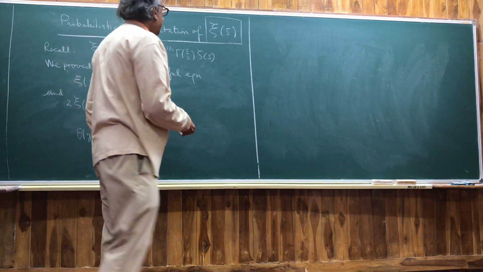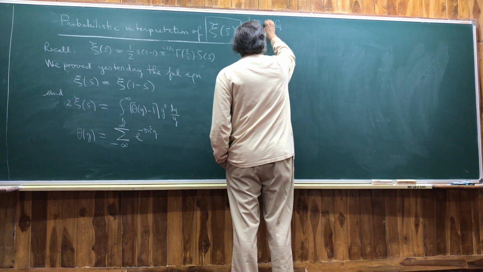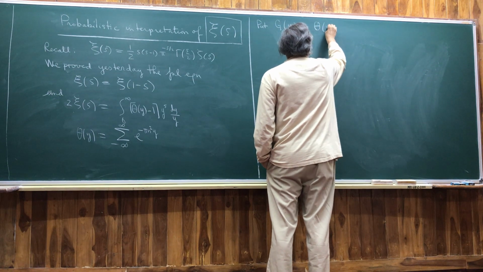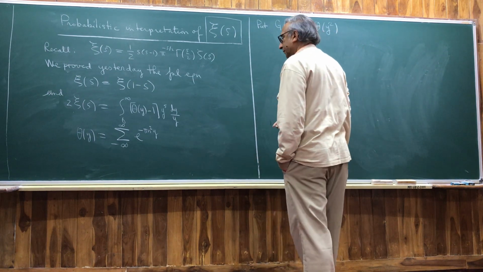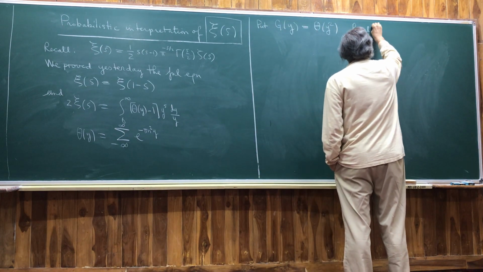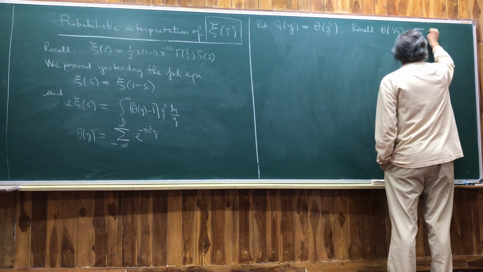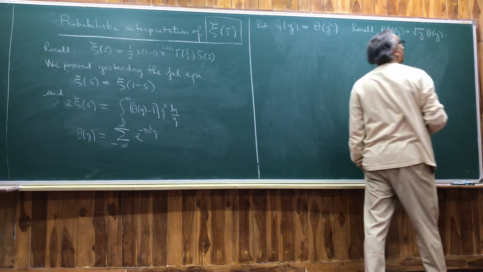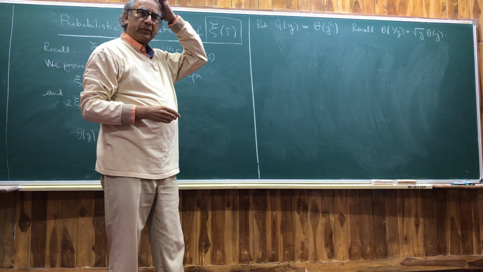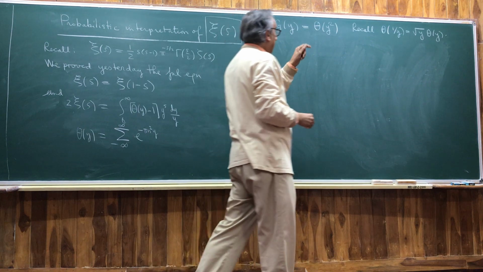So the first thing we will do is put g of y equals theta of y squared. Then recall the functional equation for the theta function that was proved yesterday using the Poisson summation formula.